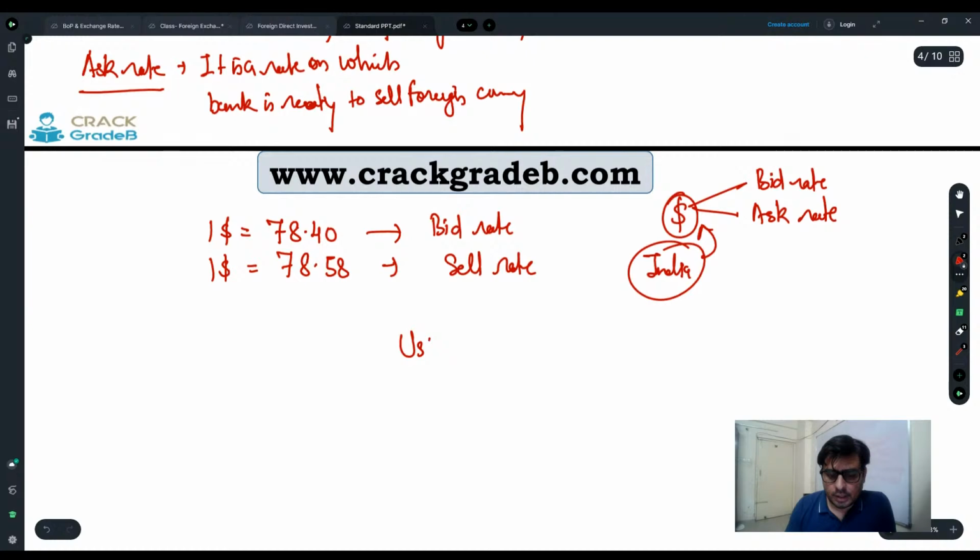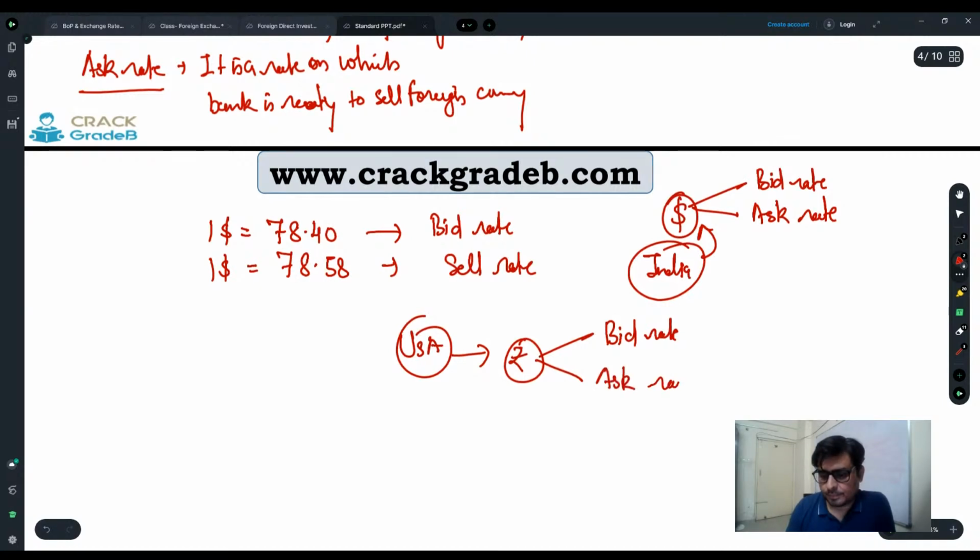Similarly, in USA, for the Indian rupee, there will also be a bid rate and an ask rate. So students ask me, sir, why are there two rates? At one rate people are ready to purchase, and on the other rate they are ready to sell, right?